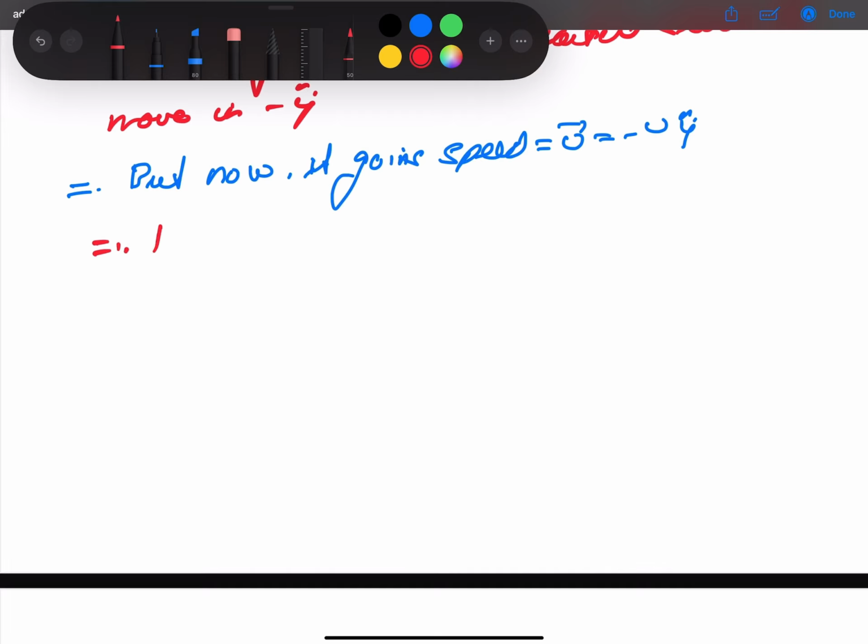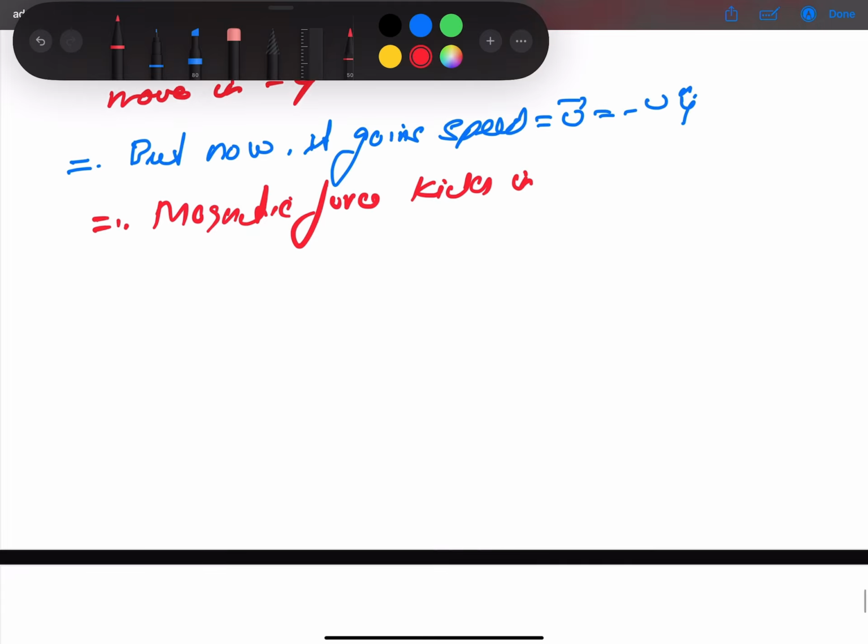Therefore the magnetic force kicks in, and we are interested in y cross x, which is our z.